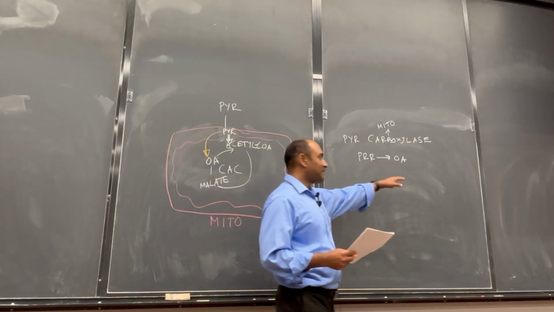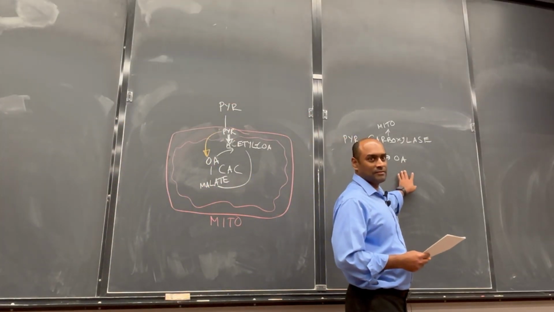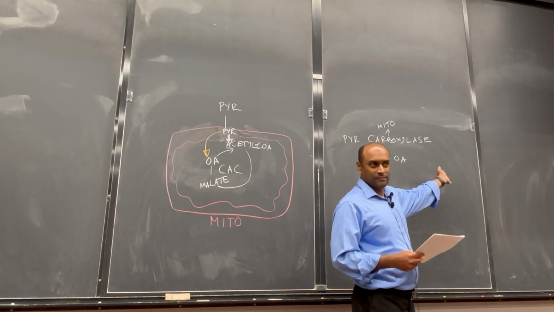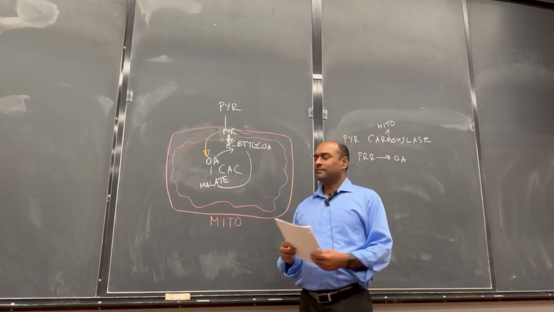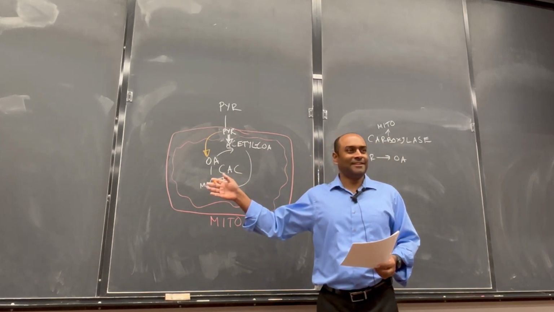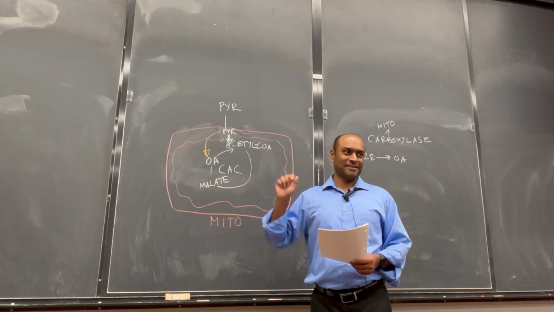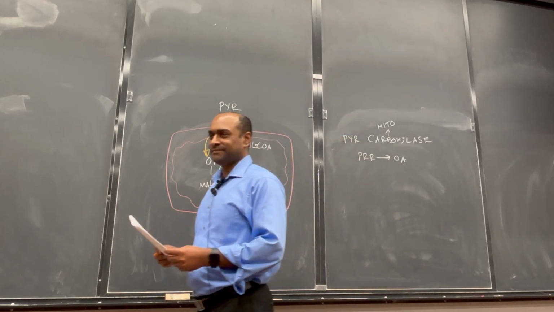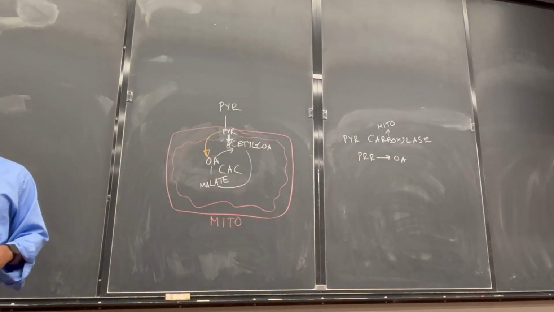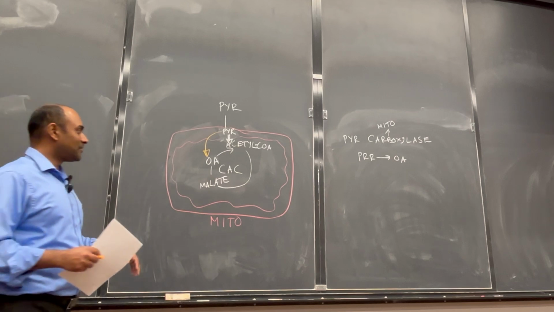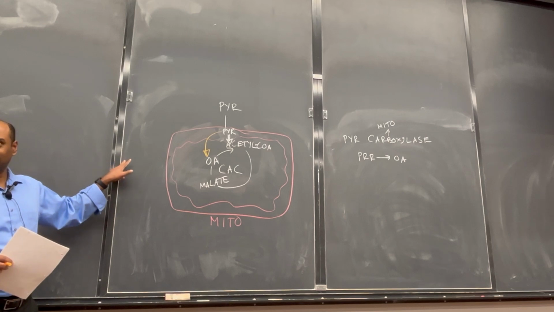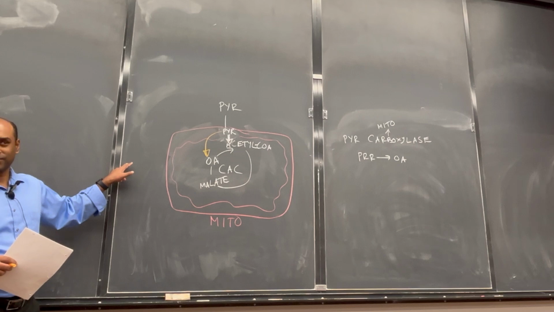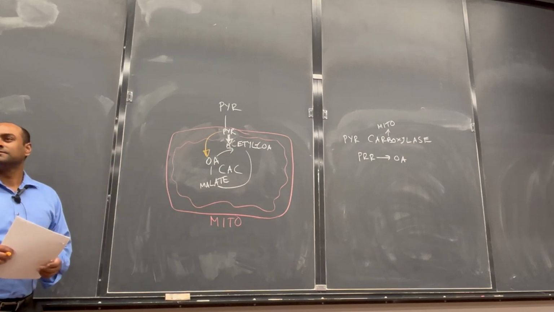Then in gluconeo, what happens after OA? What happens to OA? We make PEP by PEPCK, right? So that is a cytosolic enzyme. PEPCK is a cytosolic enzyme. So we need to transport OA from here back out into the cytosol so that we can make PEP, right?